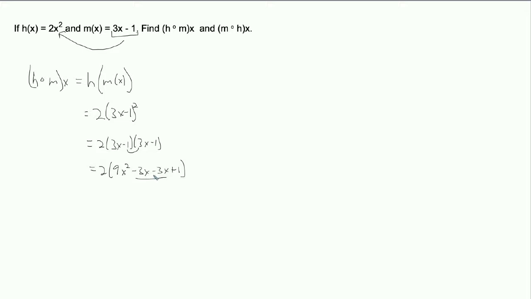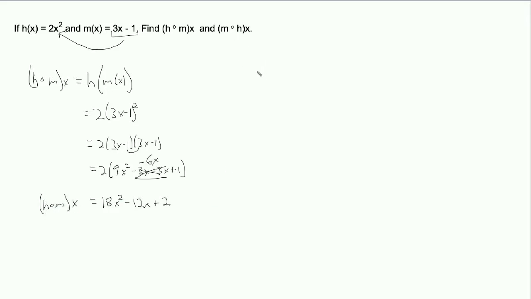We got a couple like terms here, so that's a negative 6. I'll just change that to negative 6x. And now we can multiply by 2, and we have 18x squared. 2 times negative 6 is negative 12x, and 2 times 1 is 2. So this value right here is h composed with m of x.